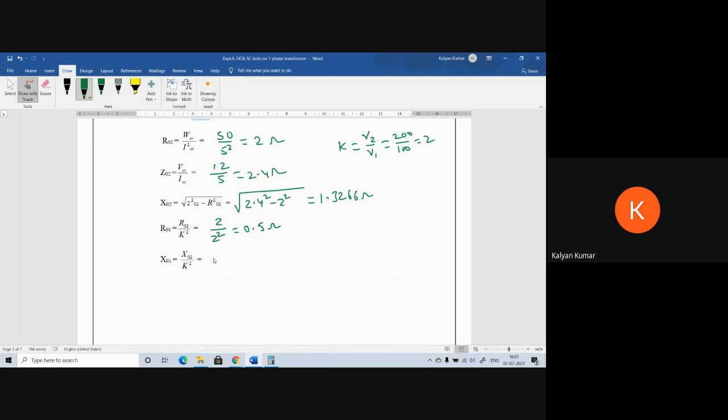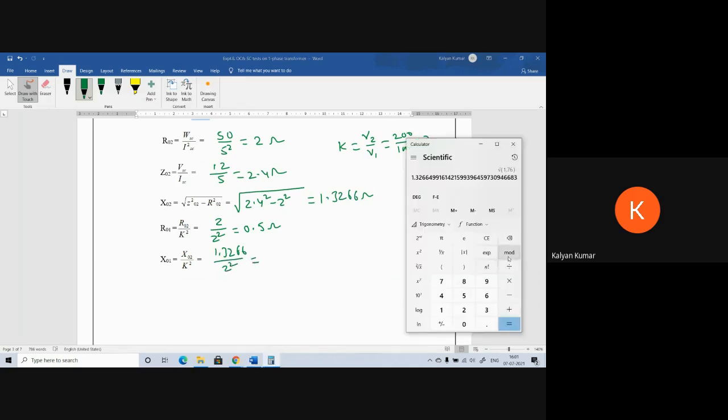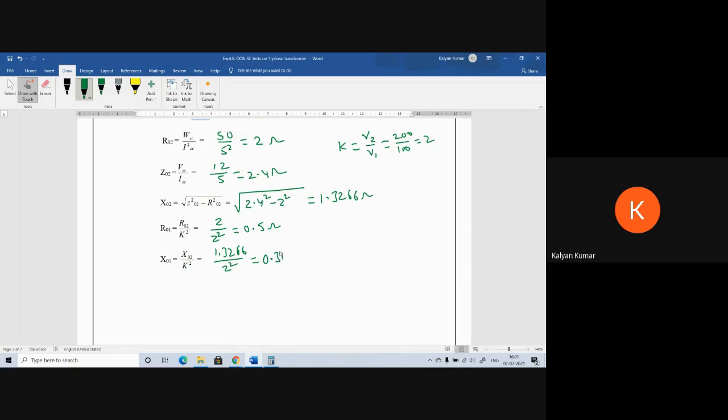And X01 equals X02, 1.3266, divided by 2 square, that is 4, which is 0.3316 ohms.